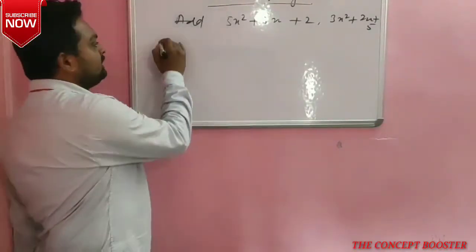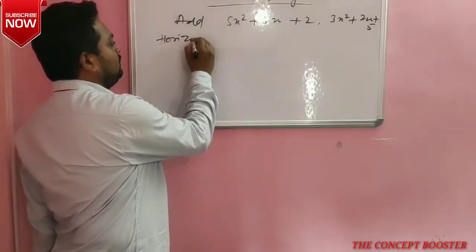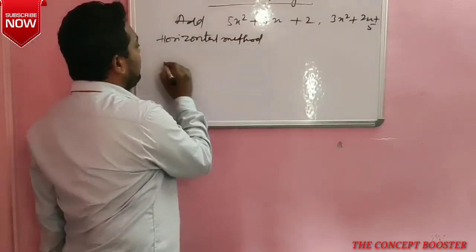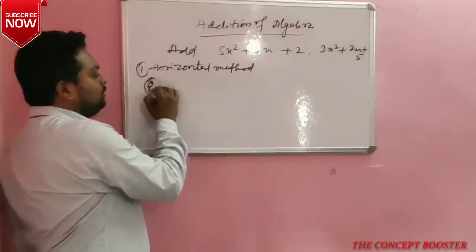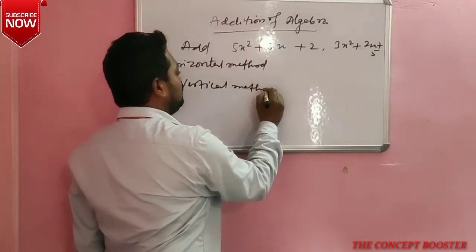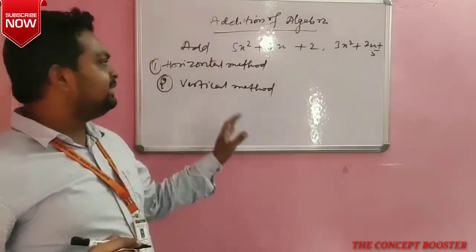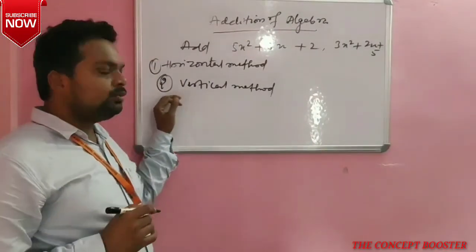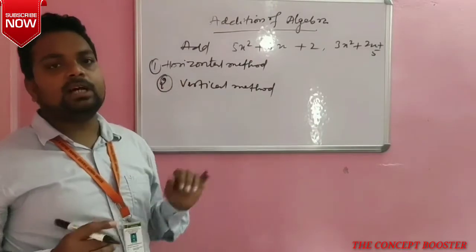One is the horizontal method, and the second one is the vertical method. So horizontal and vertical, actually the processes are the same. There is not much difference between these two, only the techniques that we use are different.